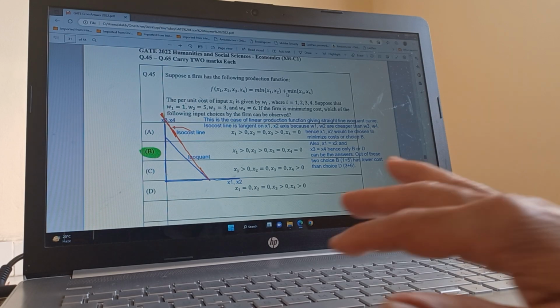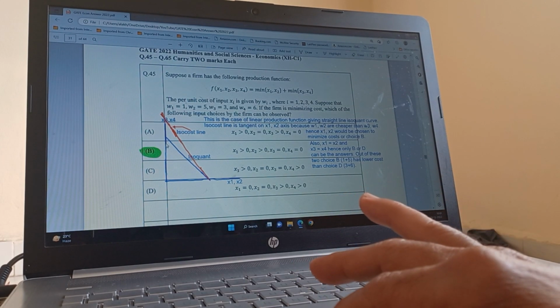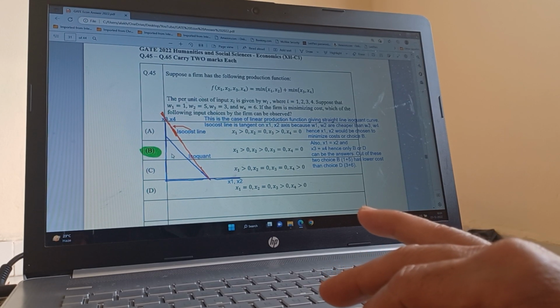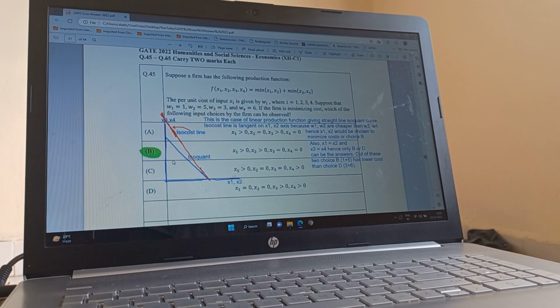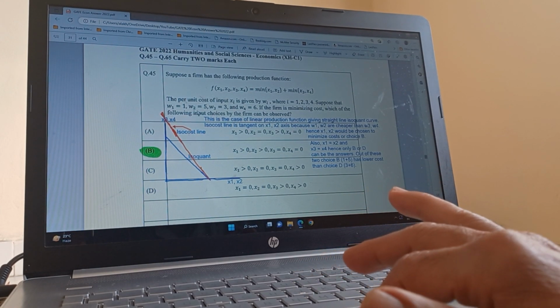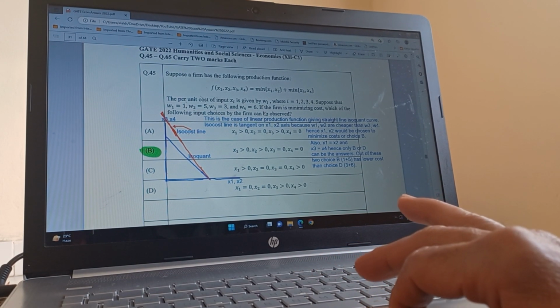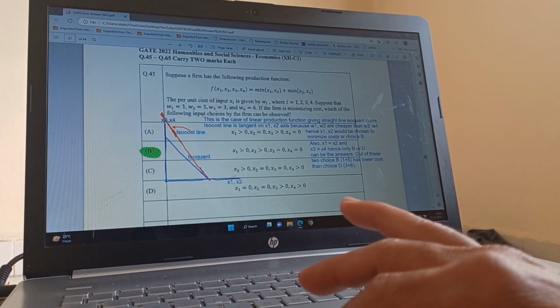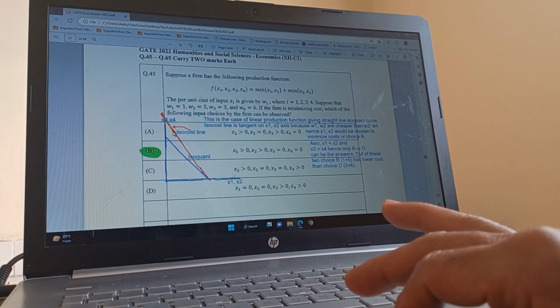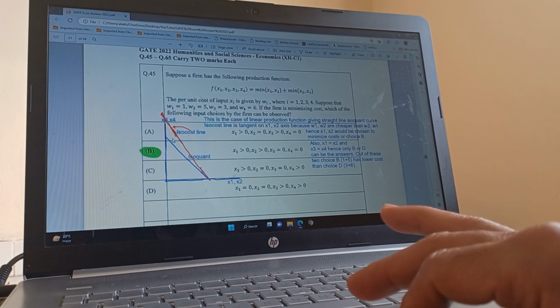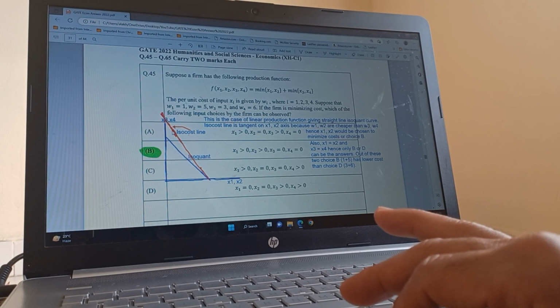And so I draw this production function. In the figure, this blue line is the isoquant line. And what about the isocost line? That also we can determine from w1, w2, w3 and w4. So I drew this isocost line, which has a steeper slope than the isoquant line, and that is the orange line.